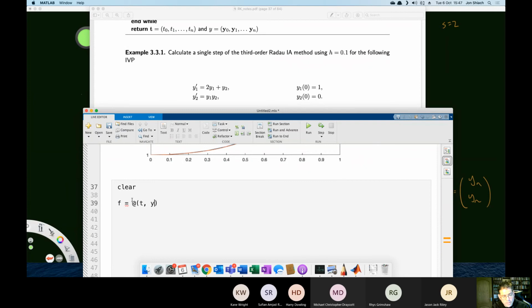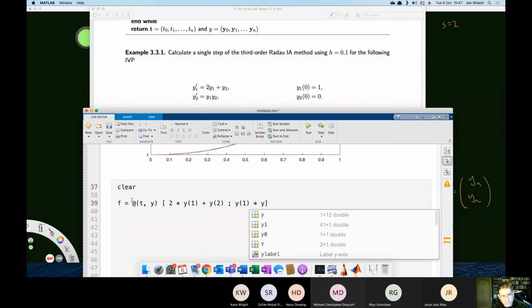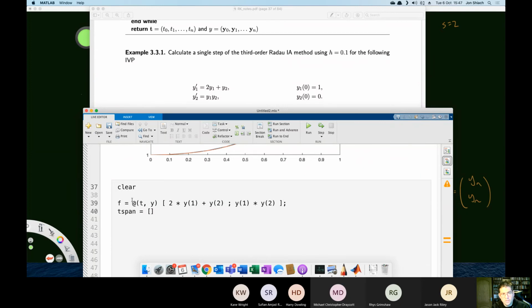So that's going to be t, y, and the first is 2 times y1 plus y2, and our second is going to be y1 times y2. The t-span, let's say it's 0 to 1.